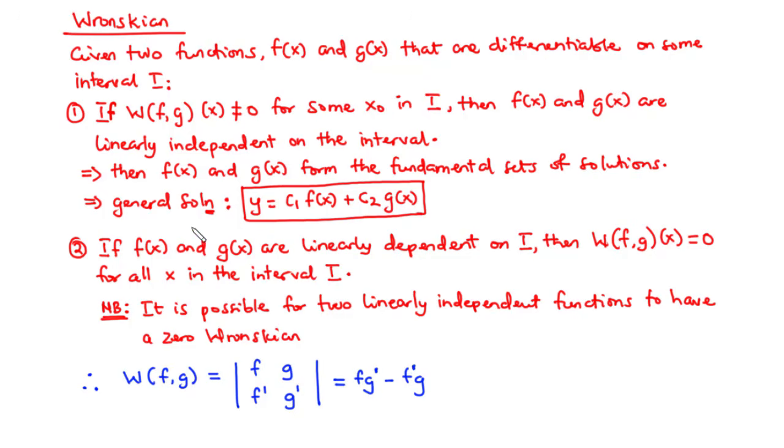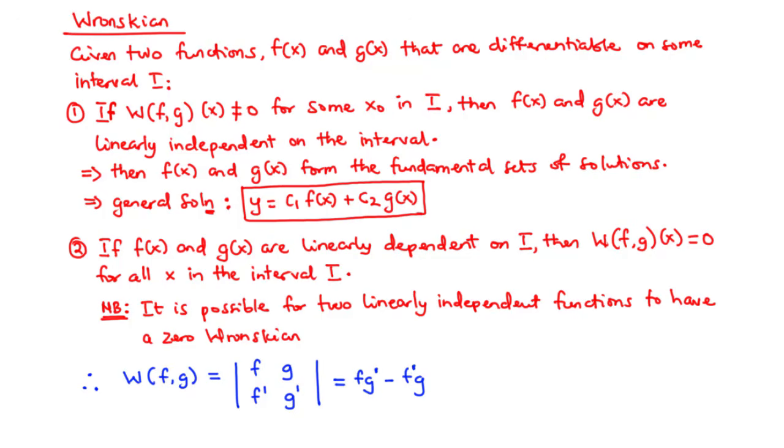We said that if f of x and g of x are linearly dependent on I, then the Wronskian is equal to 0. The reason is that it is possible for two linearly independent functions to have a 0 Wronskian. So whenever you have a 0 Wronskian, the two functions could be linearly dependent or linearly independent.